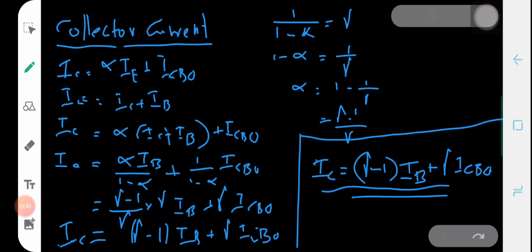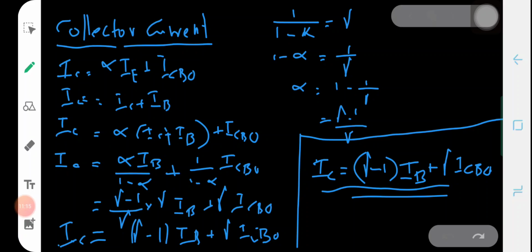Impedance means the input and output resistance we need to have a match. If we need to drive a high impedance source, we need to use these common collector connections.